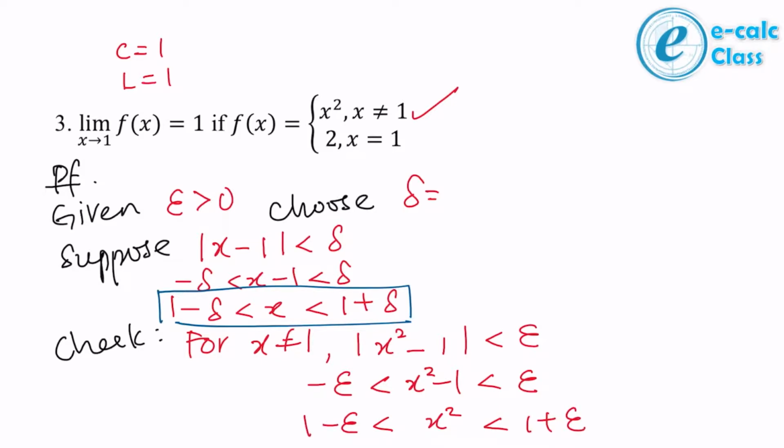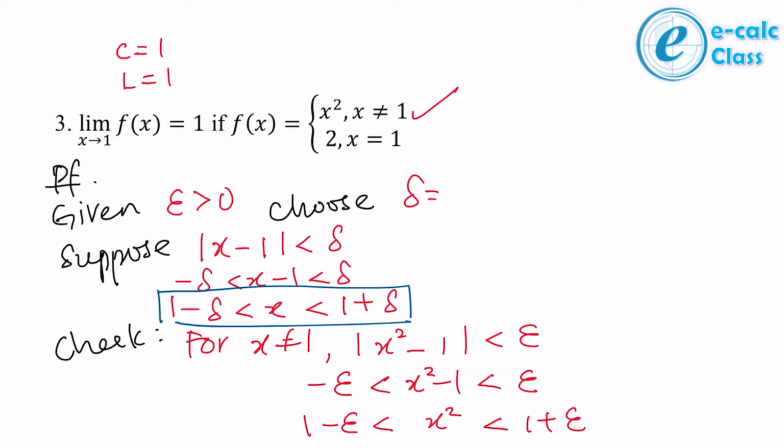Let me write one more step, or maybe we should go to the next page. Okay, so I just go ahead and square root all of them because on top I have an x squared. So it's better for us to try like this, but be very careful with this. But actually square root is still okay. Reciprocal and multiplying by negative numbers, that is what you have to be very careful about because you need to change the sign.